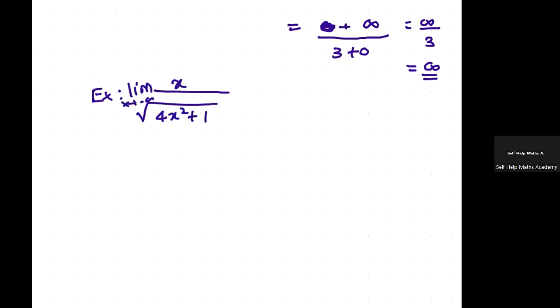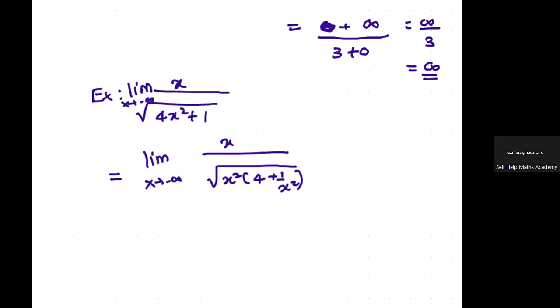Okay, so you can see in the denominator you have x². So in the square root, if I take x² out, this will be 4 plus 1 divided by x². So this is the square root, and when I take it back, it will be x. This is equal to the limit of x divided by x into the square root of 4 plus 1 over x², as x is tending to negative infinity.